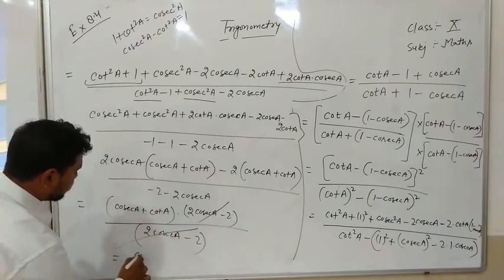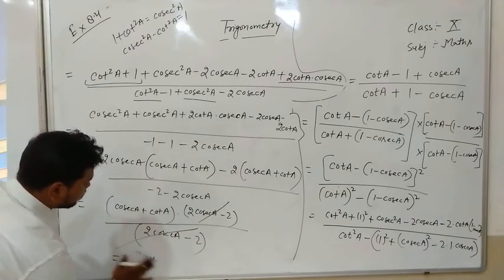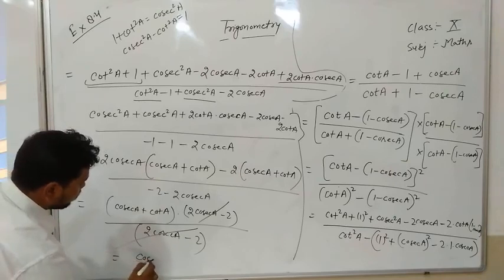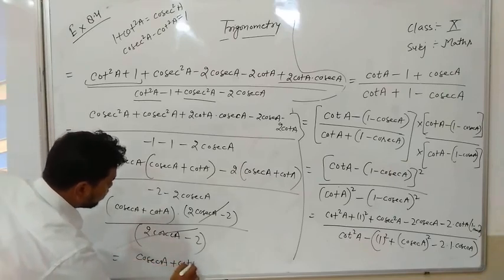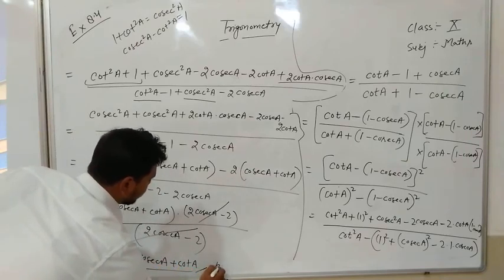So the last thing is cosec A plus cot A. That is the final answer.